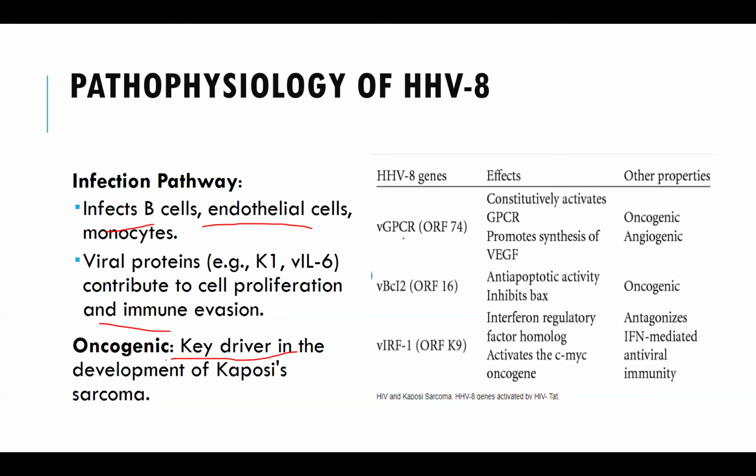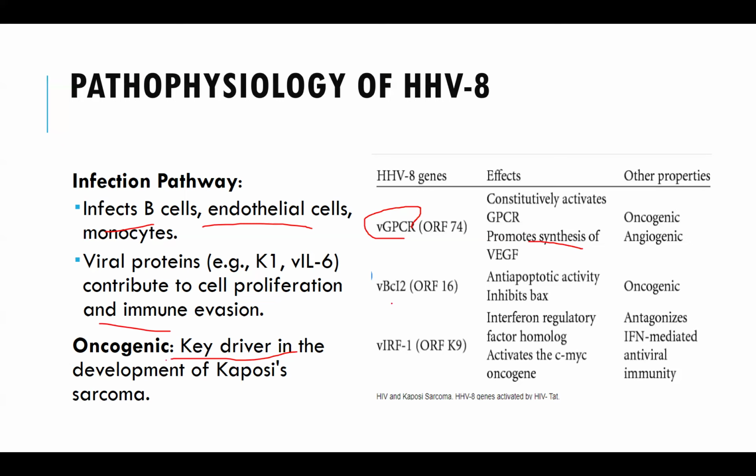For example, it has this protein, vGPCR, and this one usually promotes the synthesis of vascular endothelial growth factor, which is very important in forming new blood vessels. And we know that one of the hallmarks of cancer is being able to form new blood vessels, right?